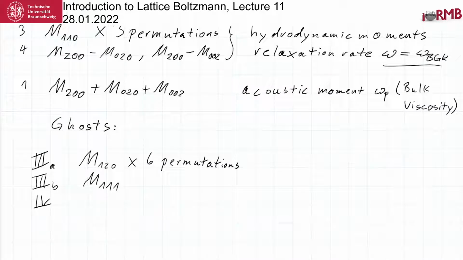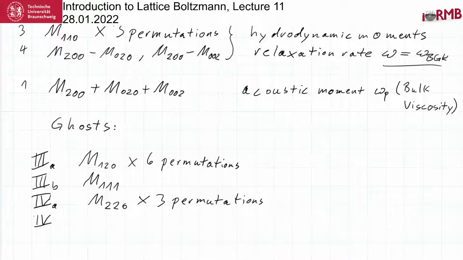So then we come to fourth order moments, of which we have a group 4A. And this is the moment M220, which has 3 permutations. And then we have the group 4B that looks like this, M211, and this again has 3 permutations.